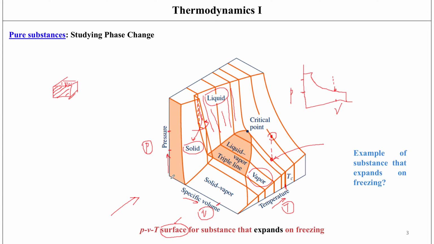So let's say I have water that exists at a certain temperature, let's say here, and it has a certain specific volume and a certain pressure. Let's say I'm here at this pressure. What does this physically mean, this area?